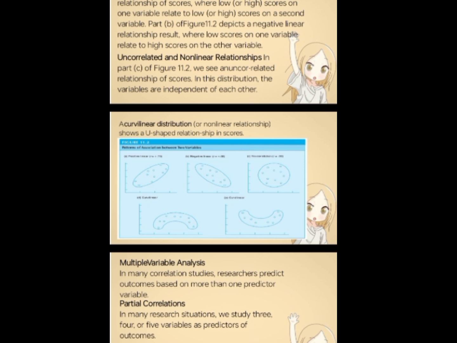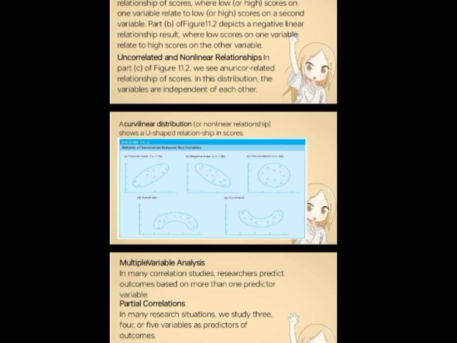What is multiple variable analysis? In many correlation studies, researchers predict outcomes based on more than one predictor variable. Partial correlations. In many research situations, we study 3, 4, or 5 variables as predictors of outcomes. Multiple regression.